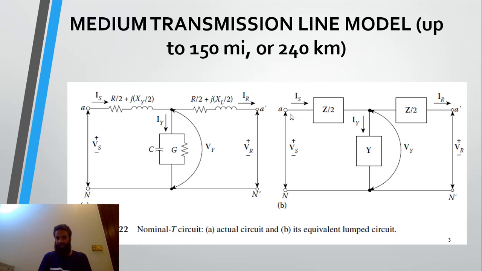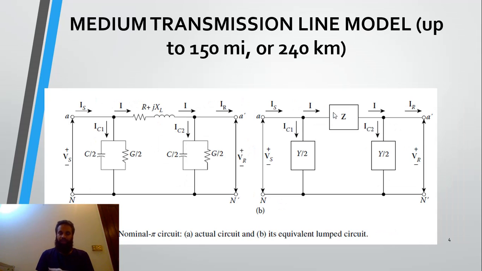As you see, it appears like a T. We have Y in the middle, and Z by 2 and Z by 2 in the left and the right side. While there is another composition which is known as pi composition.